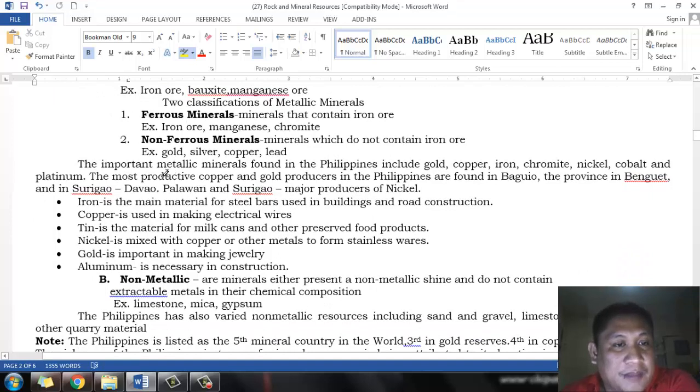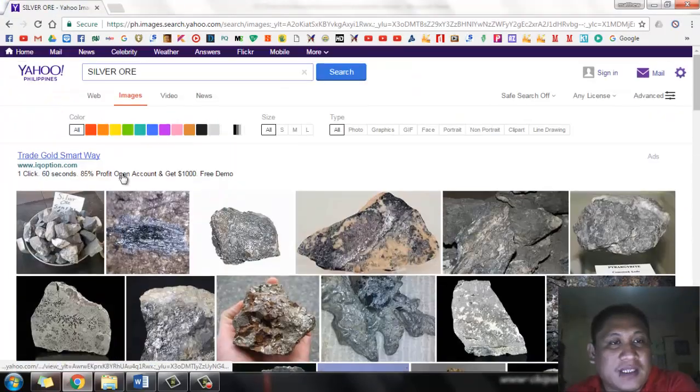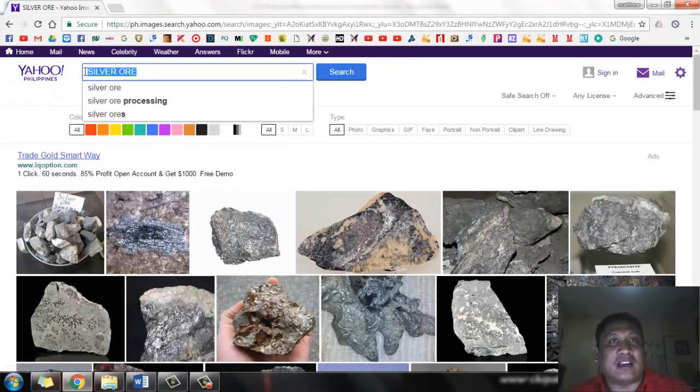So the important metallic minerals found in the Philippines include gold, copper, iron, chromite, nickel, cobalt, and platinum. Platinum is a very widely used material in aeronautics in the field of making planes, no?